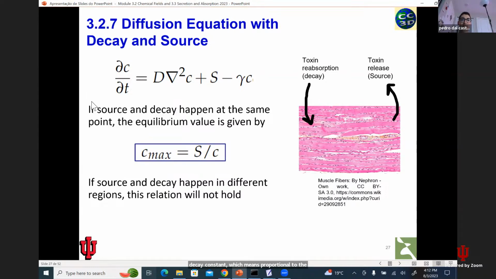In this type of system, the concentration reaches a maximum. Or if it starts above the maximum, it will reach this maximum concentration, which can be derived mathematically, which is S over C, the source rate over the decay coefficient.